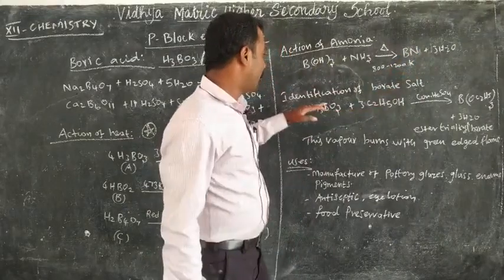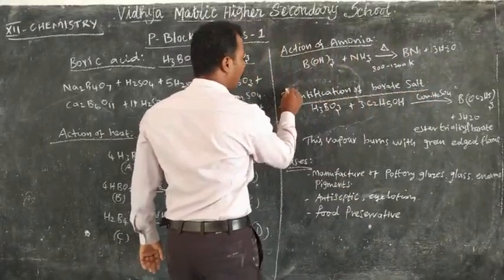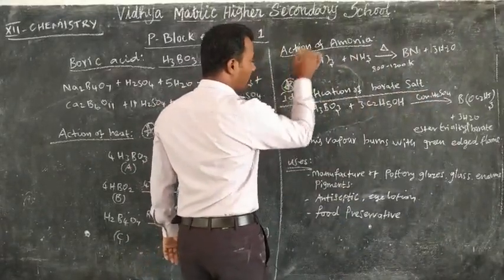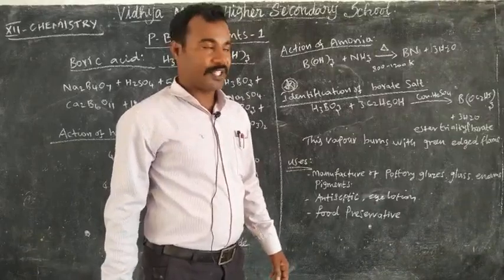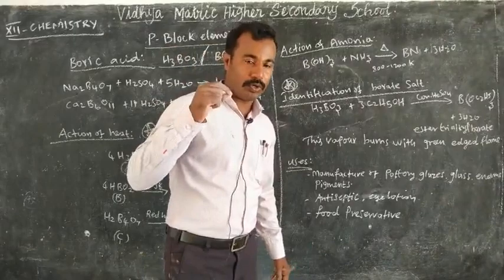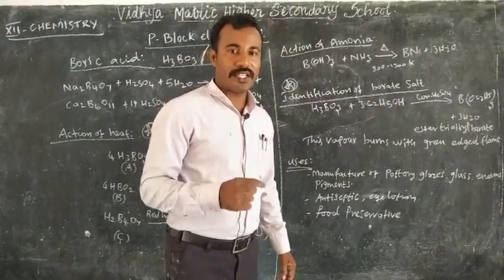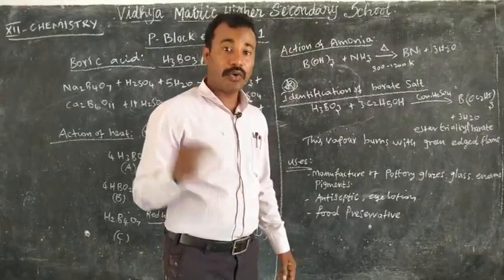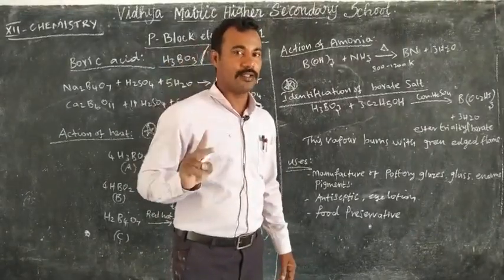Next one, identification of borate salt. Important 2 more questions. How to confirm borate salt, or boric acid salt? How to identify borate salt, how to identify boric acid, such questions can be asked. The answer is the same.